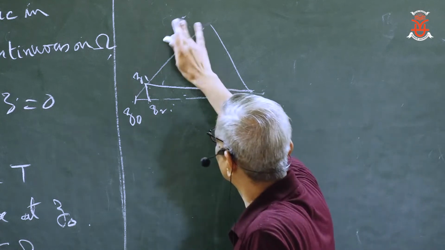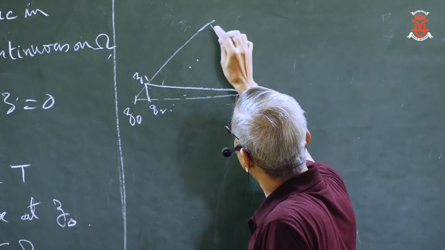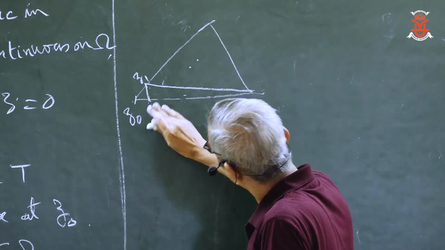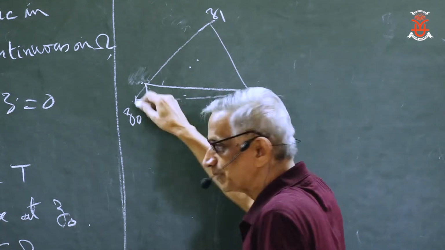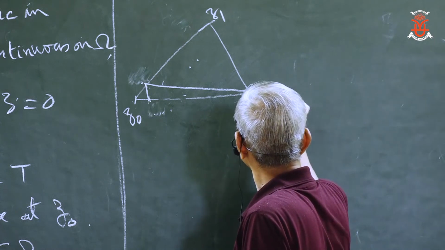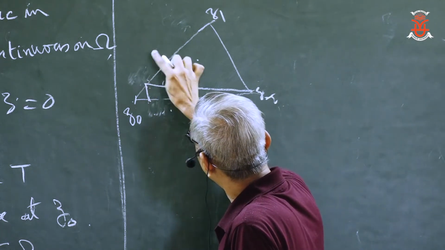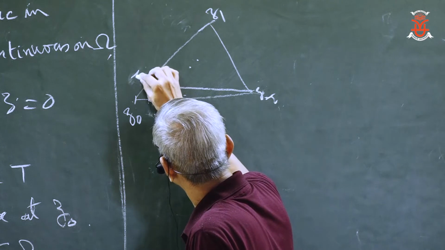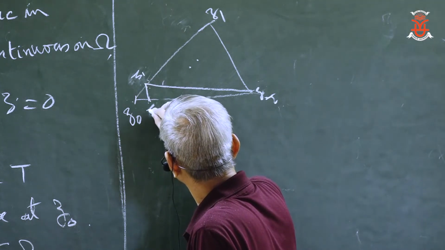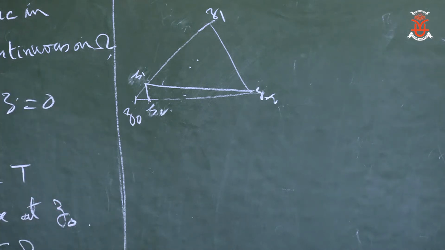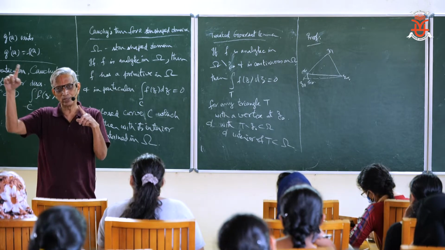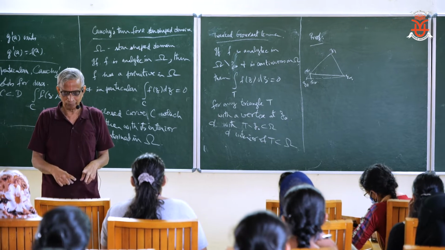Maybe it's easier to give some names, okay? Maybe Z1, Z2 you can give for this. You can give some other names for this, right? W1, W2 or whatever you want. So Z0, Z1, Z2 is the given triangle T.